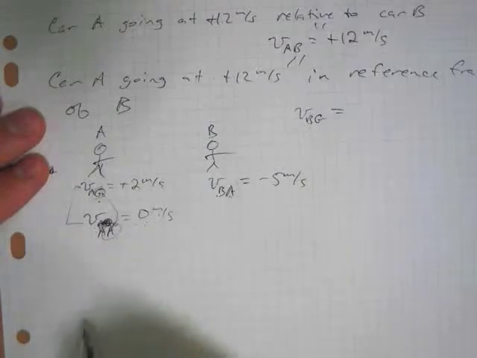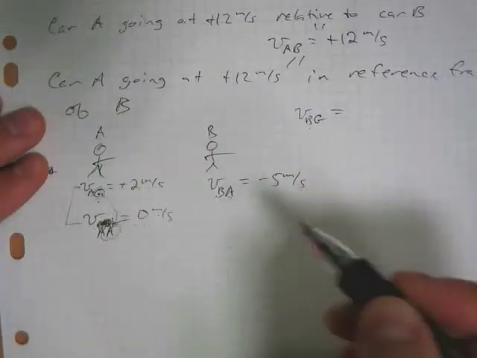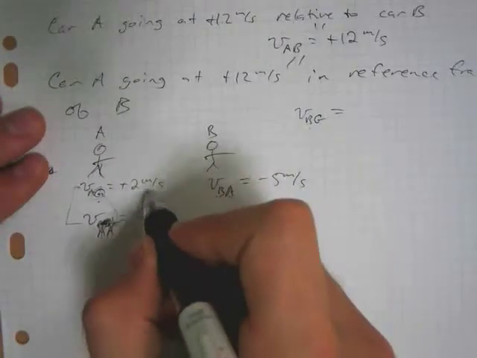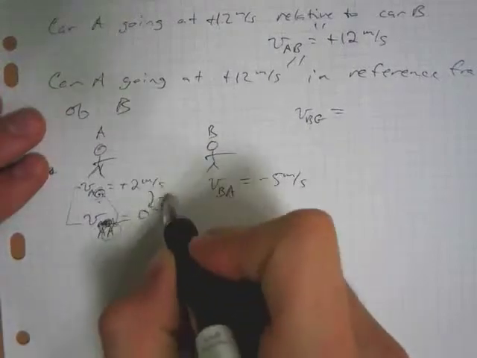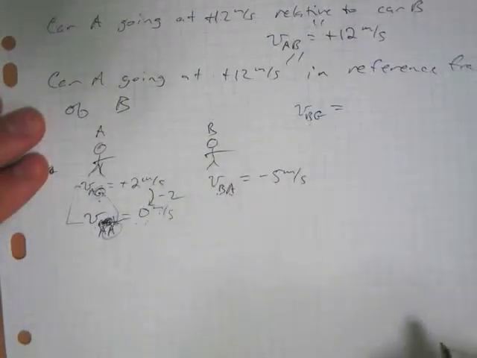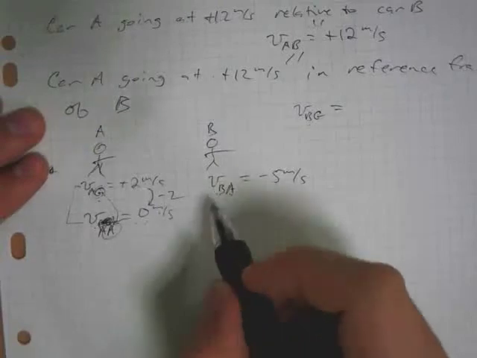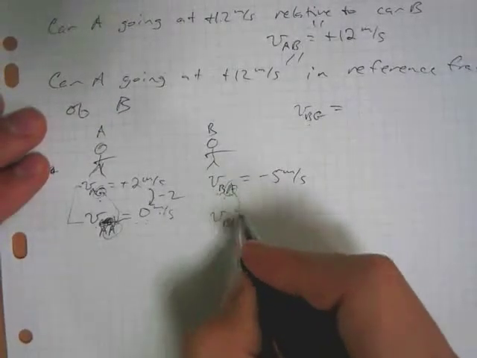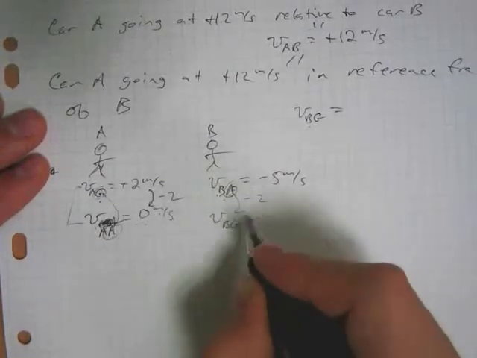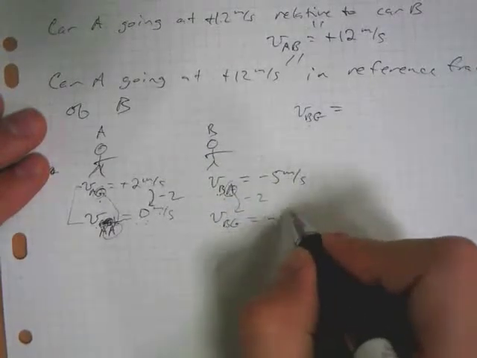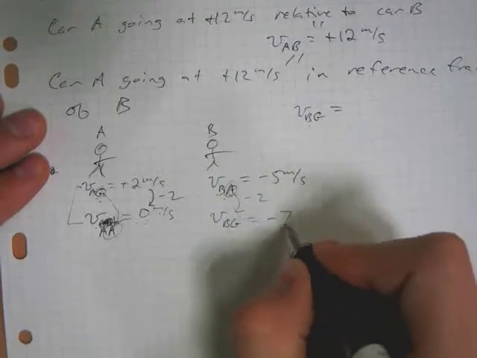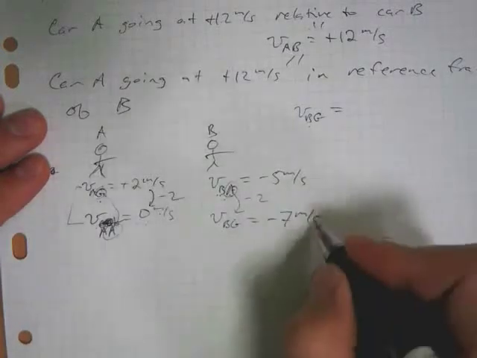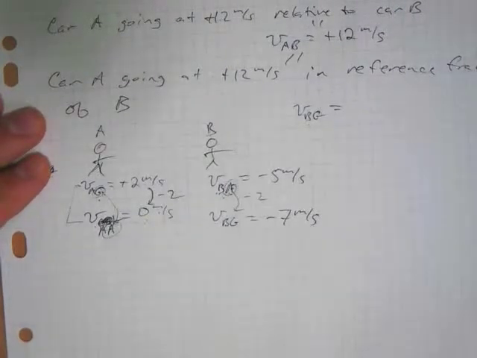So to go from ground to A, what's the difference there? To go from 2 to 0, that's a difference of minus 2. So to go from velocity of B relative to A to velocity of B relative to G, it's a difference of minus 2. So the velocity of B relative to the ground is minus 7 meters per second. Okay?